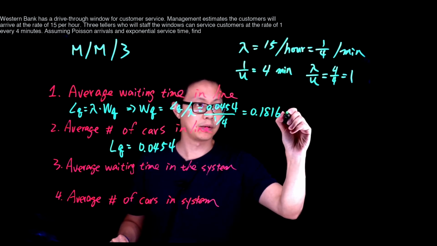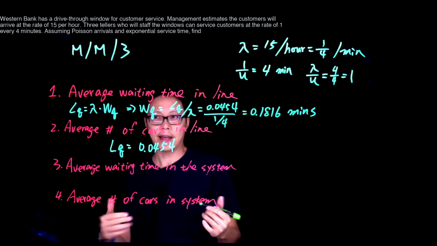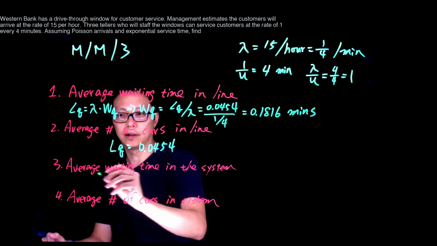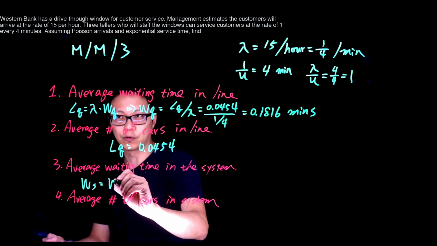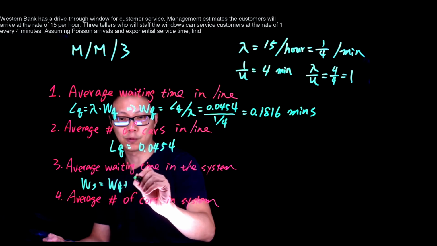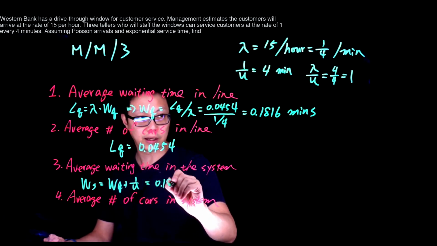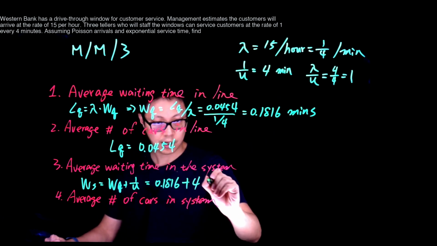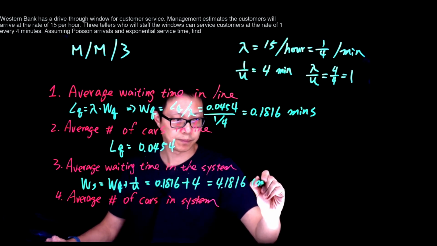The units will be minutes. Then you can use the same formulation to calculate the WS. We know WS is equal to WQ plus 1 over mu. So I have 0.1816 plus 4 minutes. I have 4.1816.